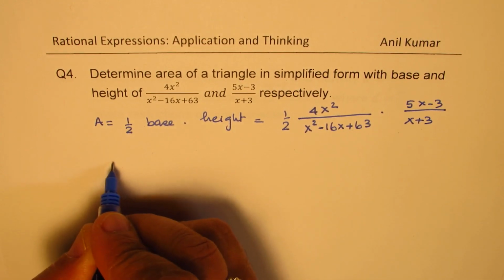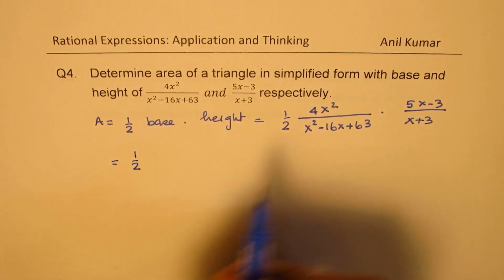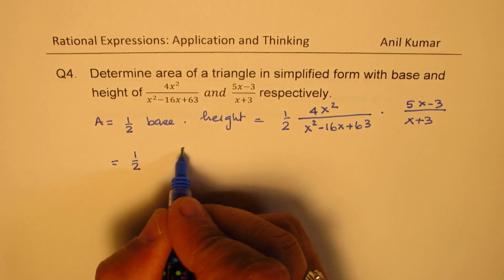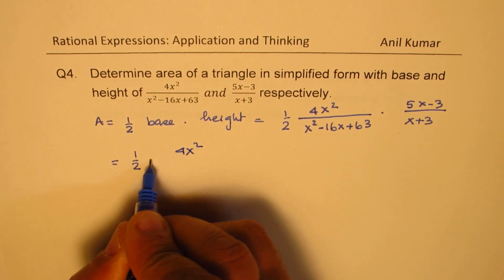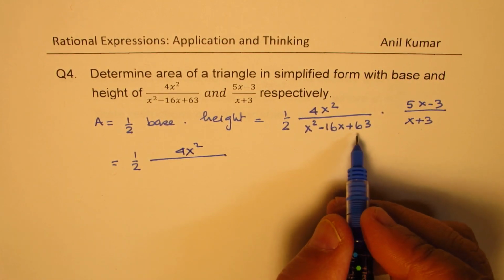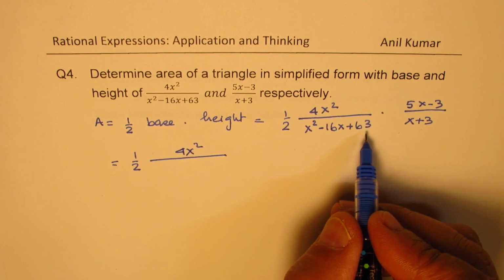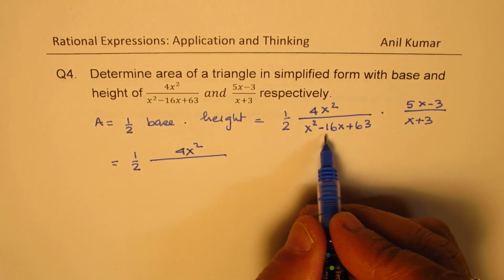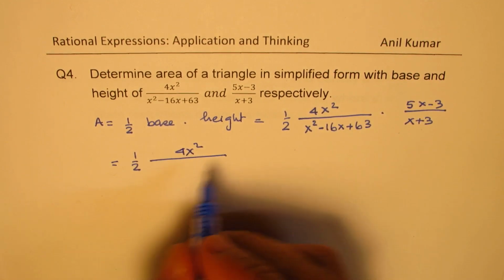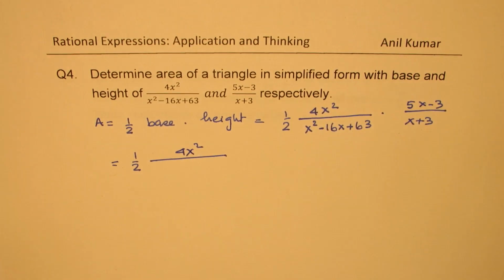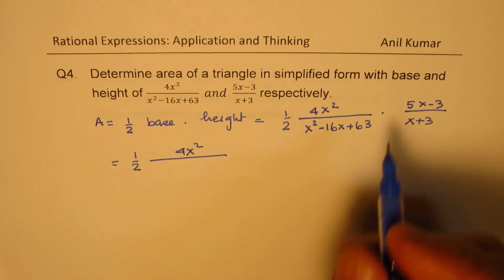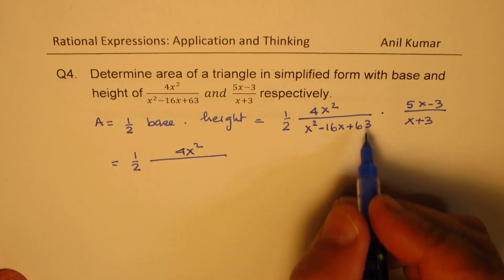Okay? So we can write this as half of, let's factor, we have 4x squared, and the denominator can be factored. We are looking for a product of 63 and a sum of minus 16: 9 times 7. 9 times 7 gives us 63, but when both are negative, we get positive 63 as the product.